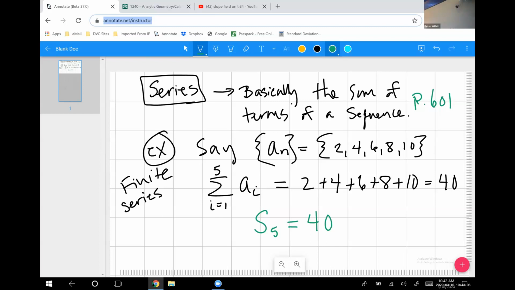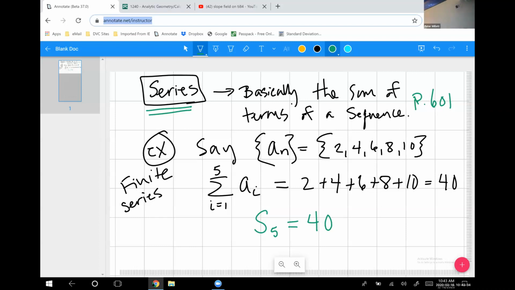So the first thing to be clear about, just conceptually, is that when you refer to a sequence like a sub n, it is a list of numbers. It is an ordered collection of numbers with a first and a second and a third that may be finite or infinite. When you refer to a series, ideally, it's the result of a summation.